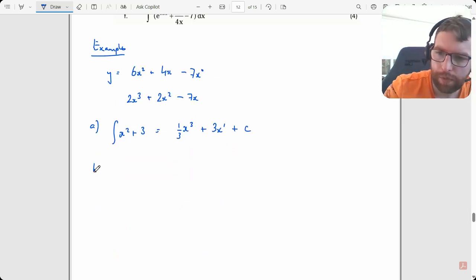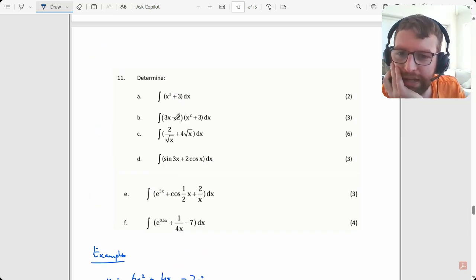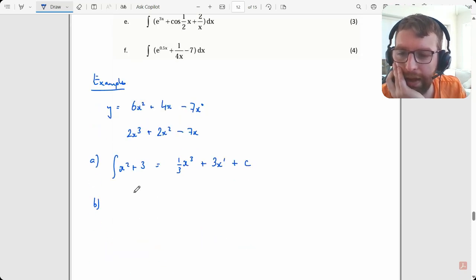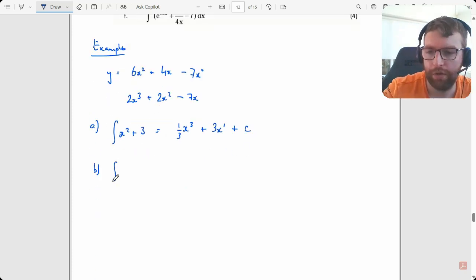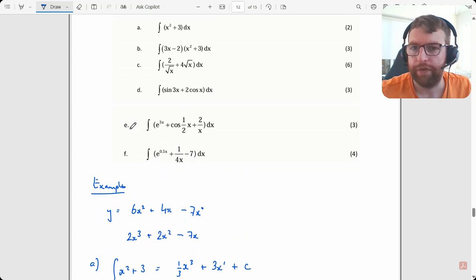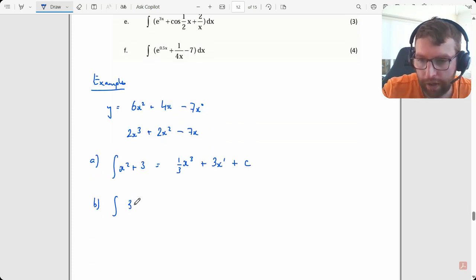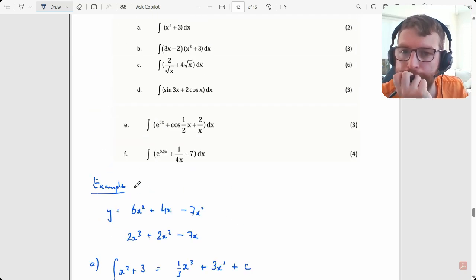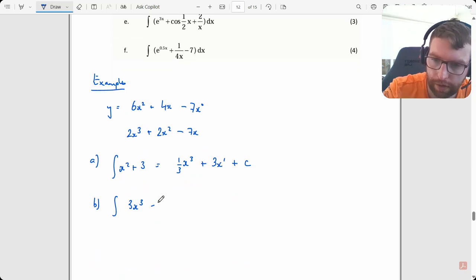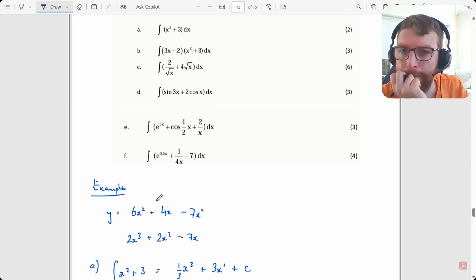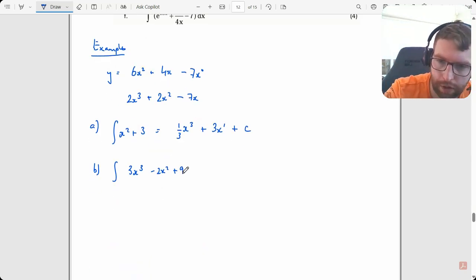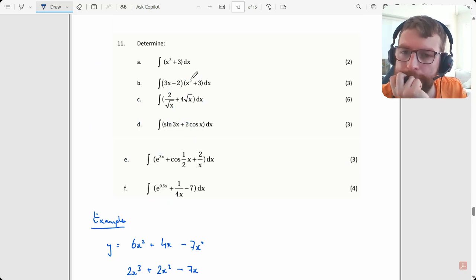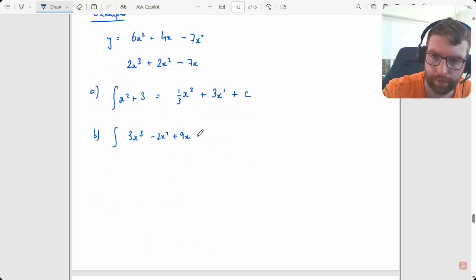B, what we're doing is it's the same thing as A, but you're going to expand. So we've got the integral of, I'm going to expand it quickly here. So 3x cubed minus 2x squared plus 9x and minus 6.